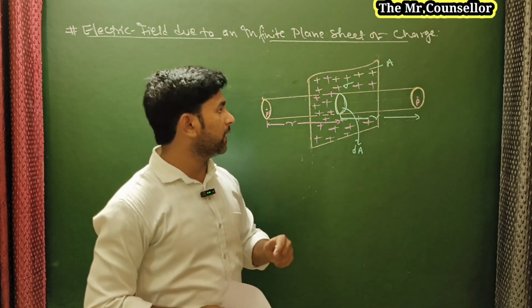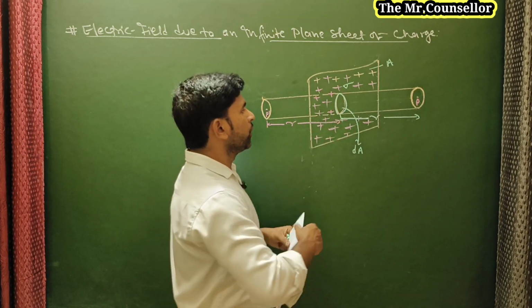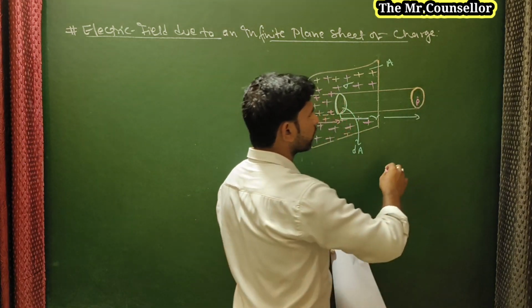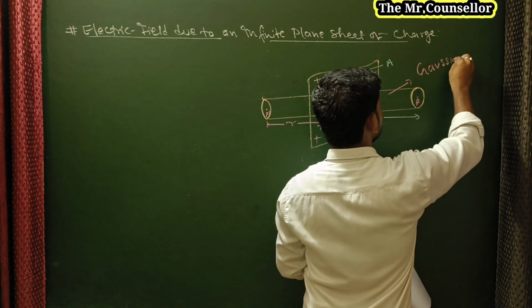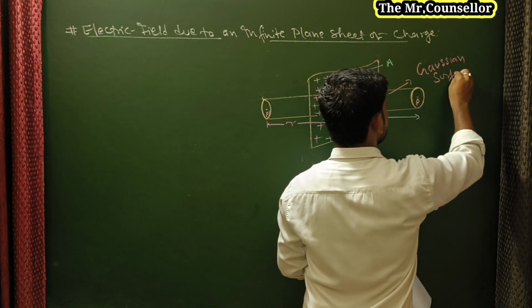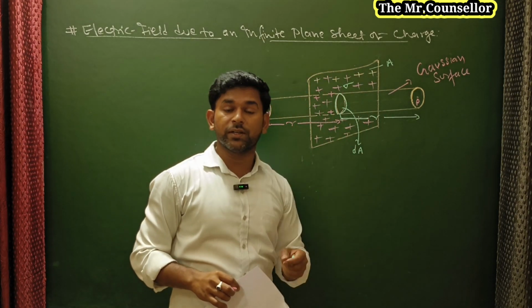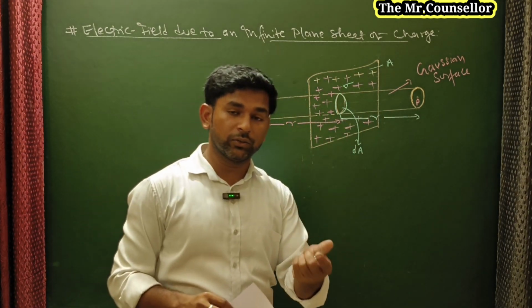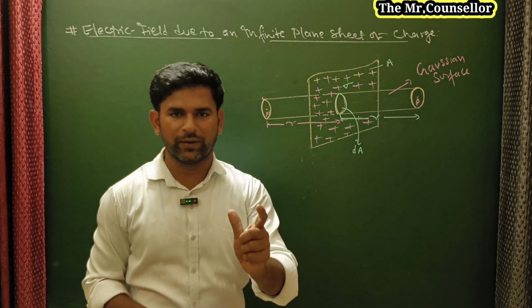Before that, we consider one small elementary area and construct one Gaussian surface. With the help of Gauss's law, we need to consider the electric flux.